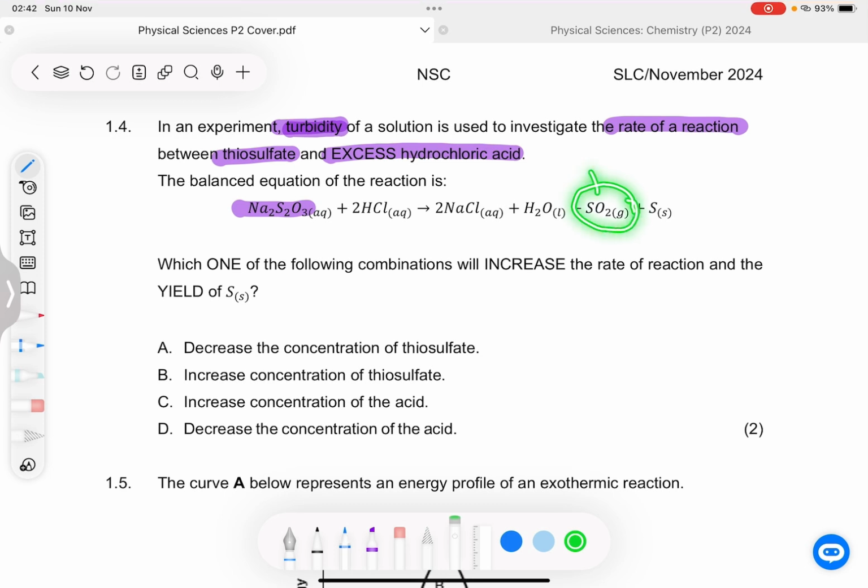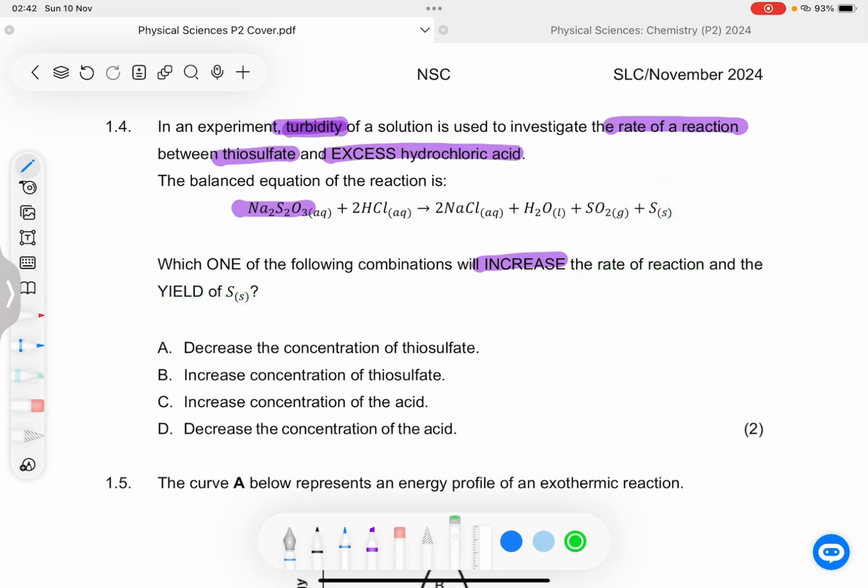And of course we have to note that we have a gas here which will form our turbidity to help us determine the rate of reaction, as I was explaining how the turbidity technique works. Now they then continue to ask us, by providing options, which one of the following combinations will increase the rate of the reaction and also the yield of sulfur.